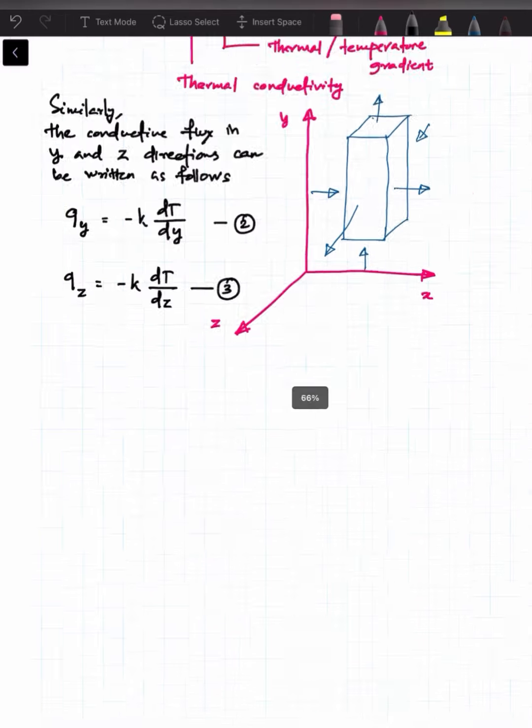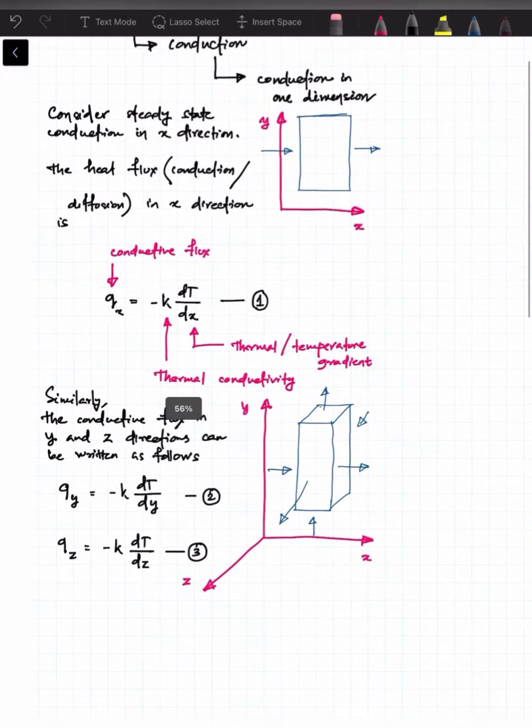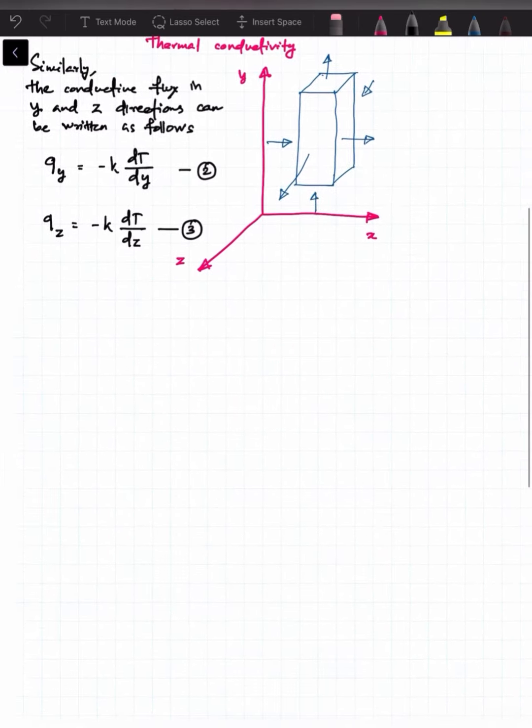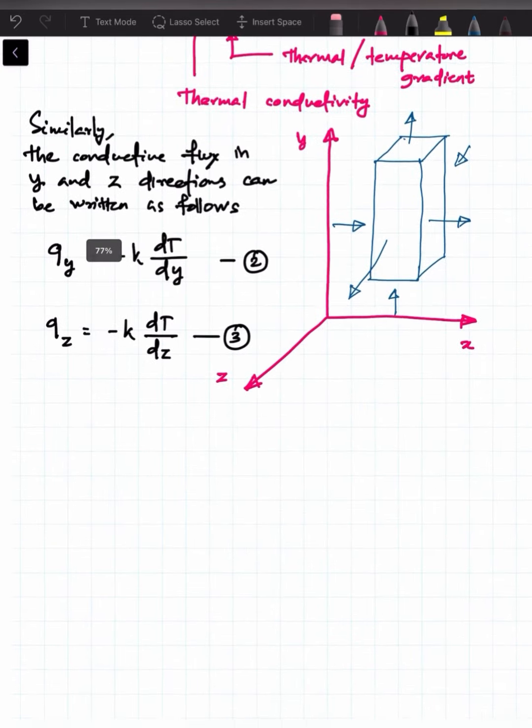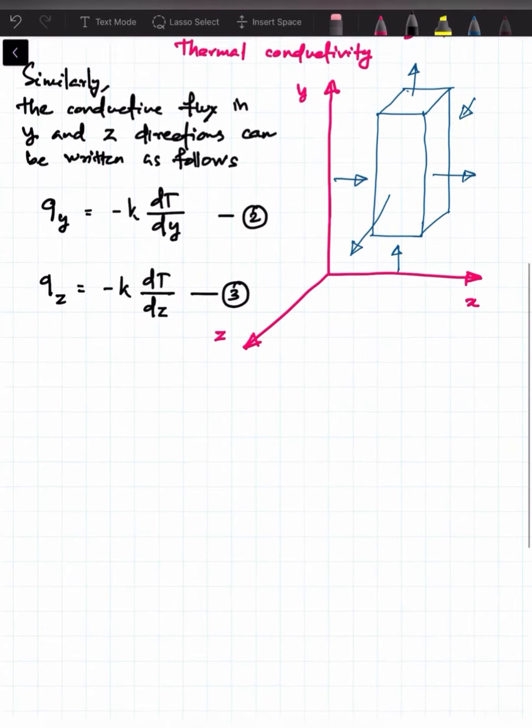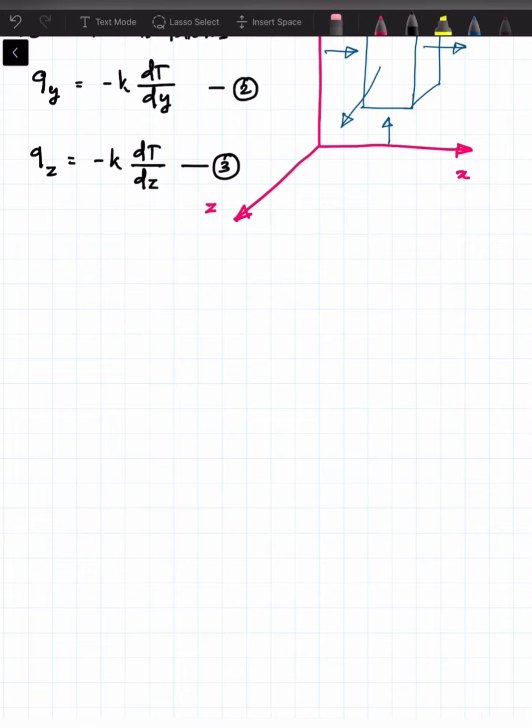One thing I want to make clear here is that I have assumed the thermal conductivity to be constant and not a function of space. That's why in all three equations I have written thermal conductivity as K, but in reality that's not the case.